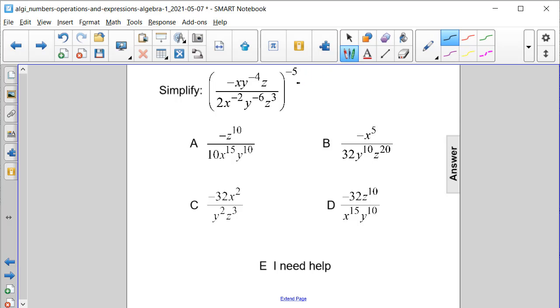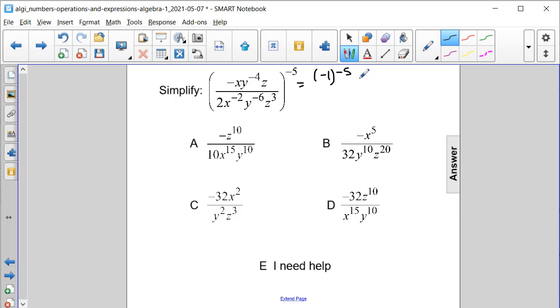We're going to first start by distributing our exponent of negative 5 to all of the terms in the parentheses, including our coefficients. And we have this negative that's out in front in the numerator. That means the coefficient here is negative 1, and it's being raised to the negative fifth power.